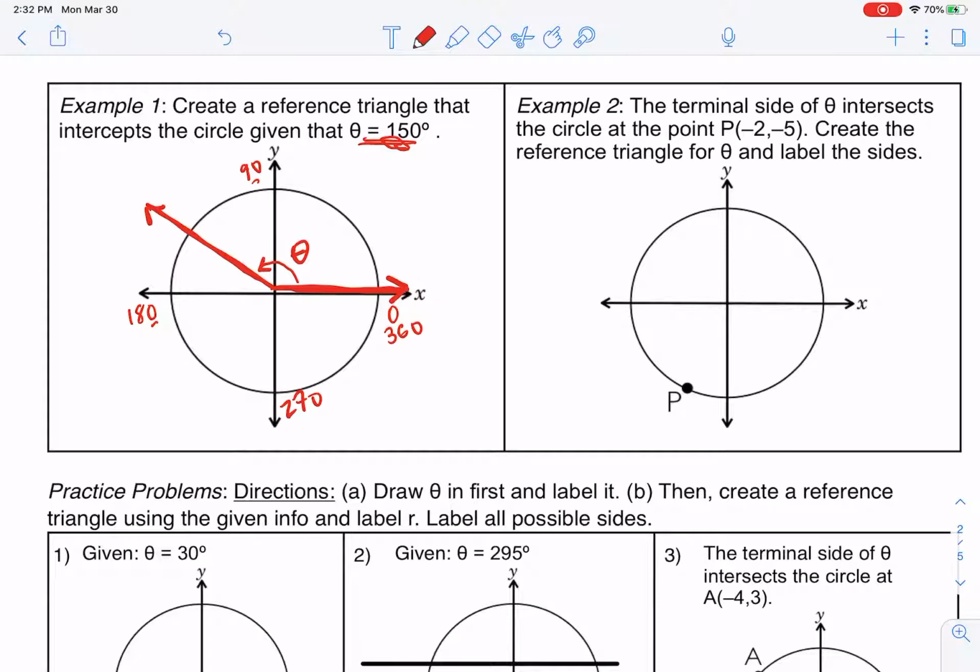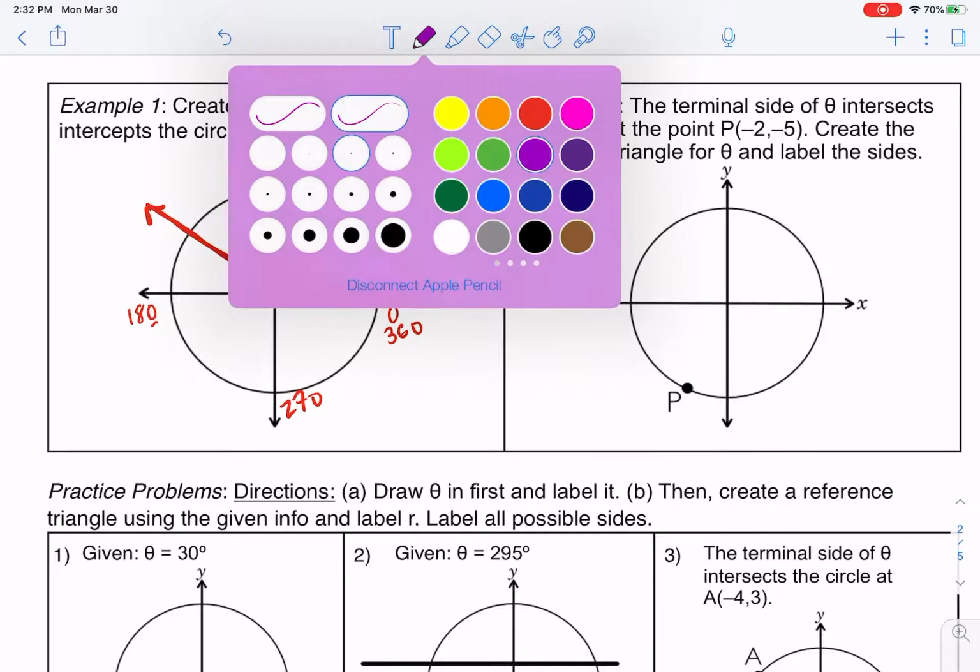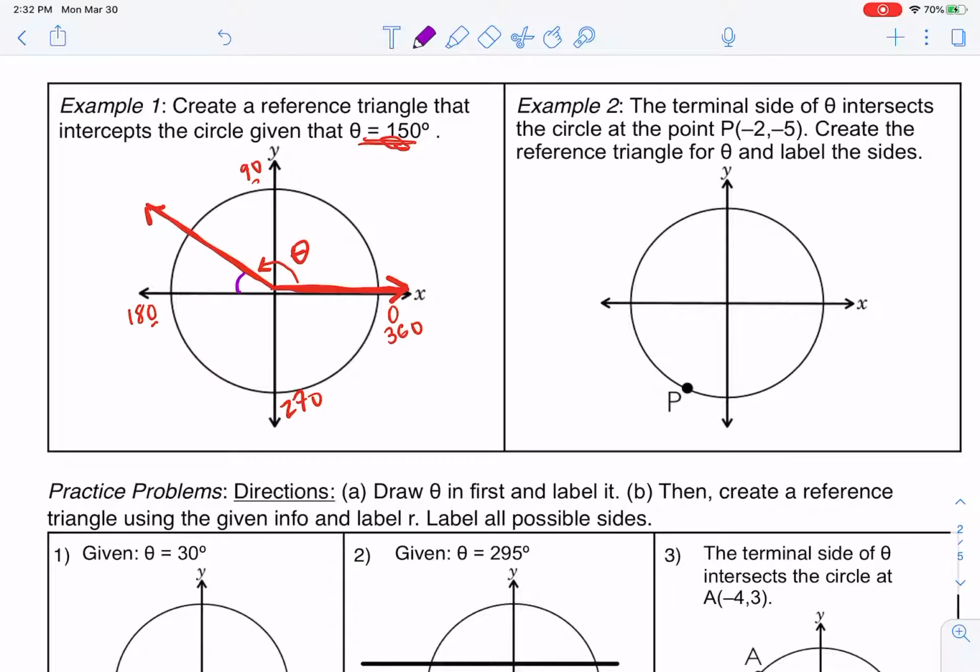To draw the reference angle first, that's the acute angle formed between the terminal side of that angle and the x-axis.